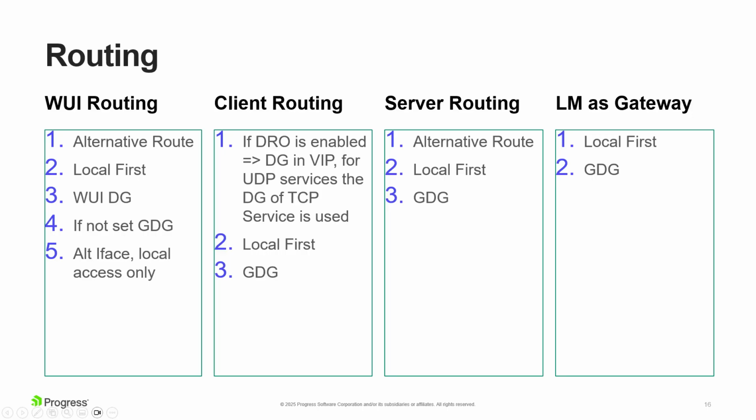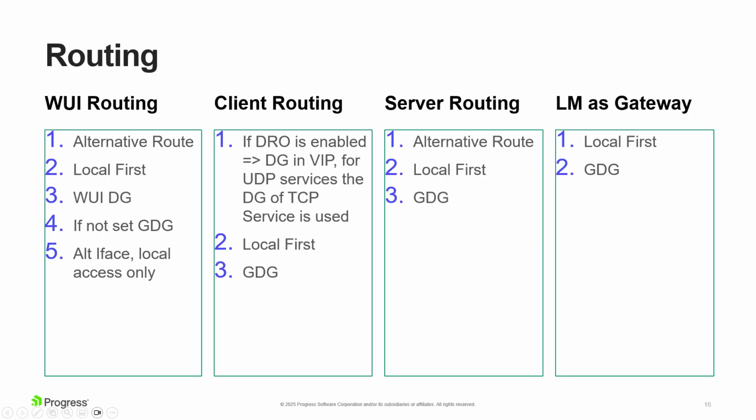Let's start with the server routing. I know it's position 3, but let's start there. To reach a destination server, the highest priority has the static route. So if I set a static route for that server, that is the top level. It can even override local first.